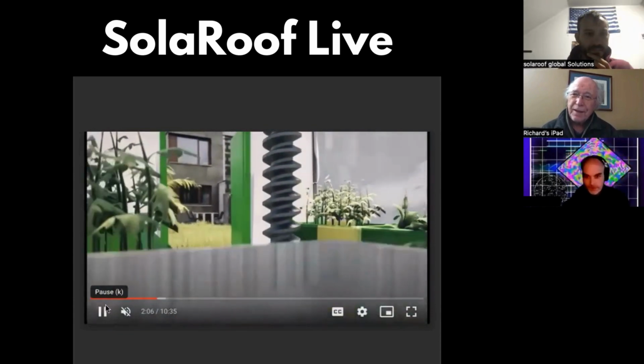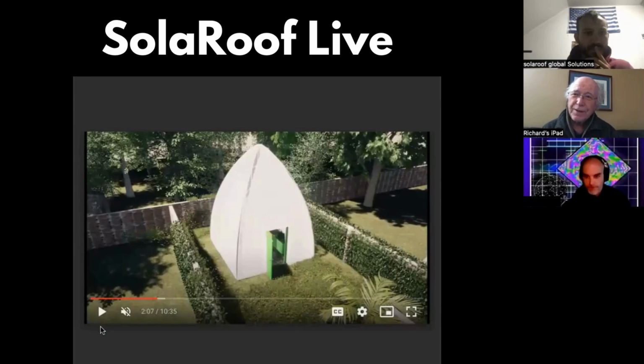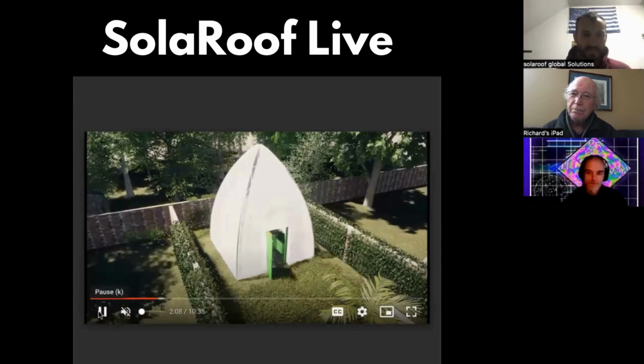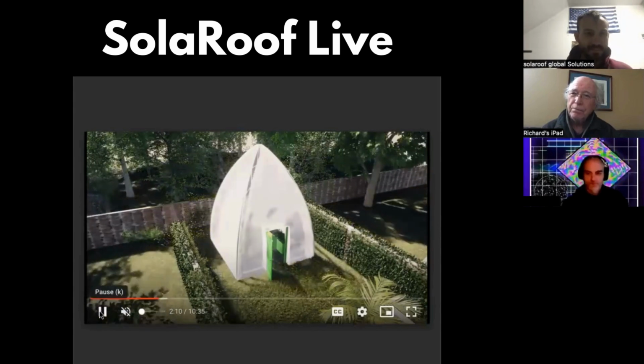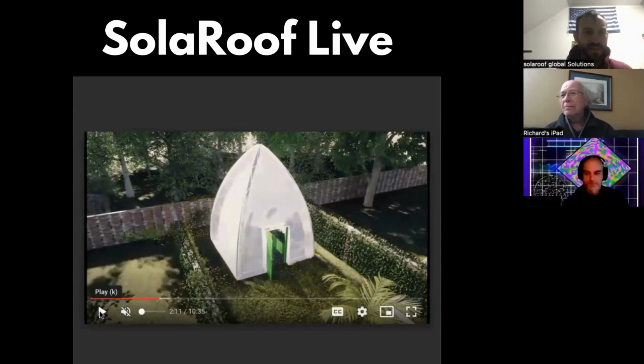So this is a kind of lift, but whether or not it's the real kind of lift that we would use. But you can see the height there, and that of course gives you a smaller footprint, more productivity on a small footprint.